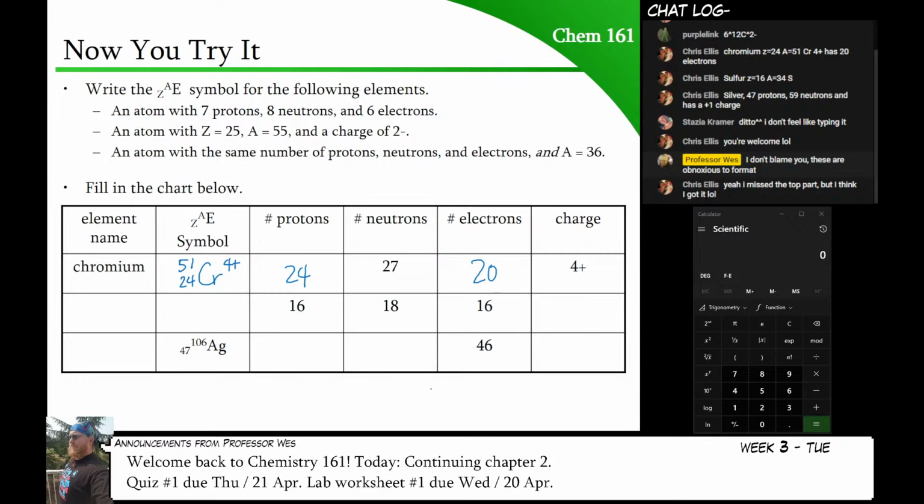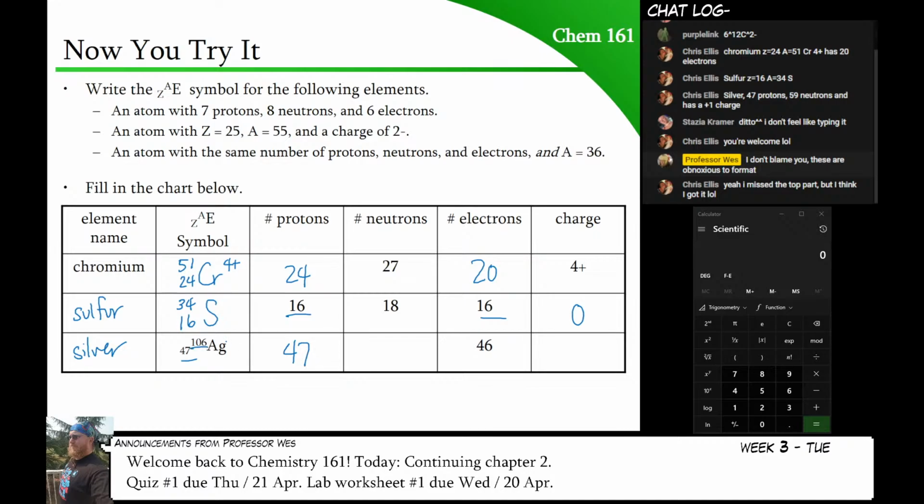All right, the next problem: protons is 16. Protons plus neutrons is 16 plus 18, which is 34. Element number 16 is sulfur, so we'll write that down. And then the charge, well, these have the same number, so the charge will be 0. And then down here, Ag is silver. Just fill that in. Z is the number of protons.